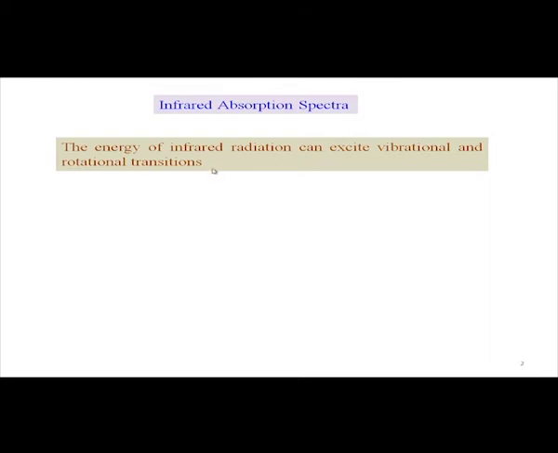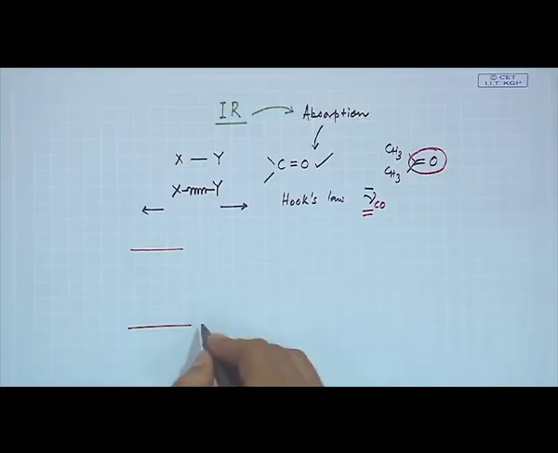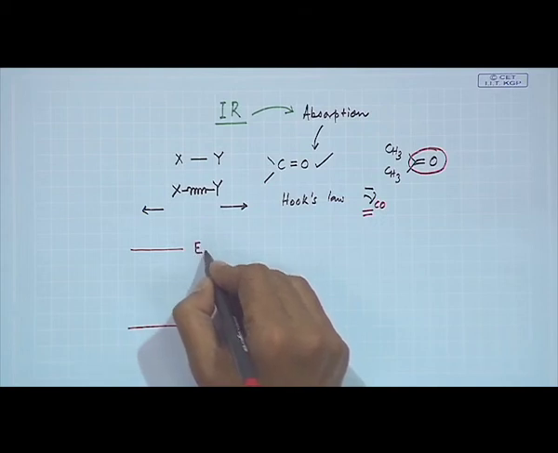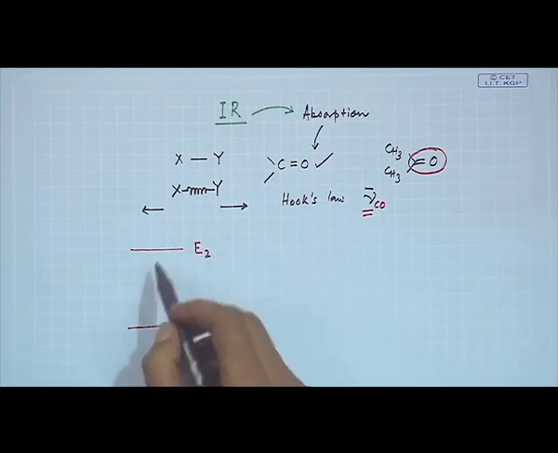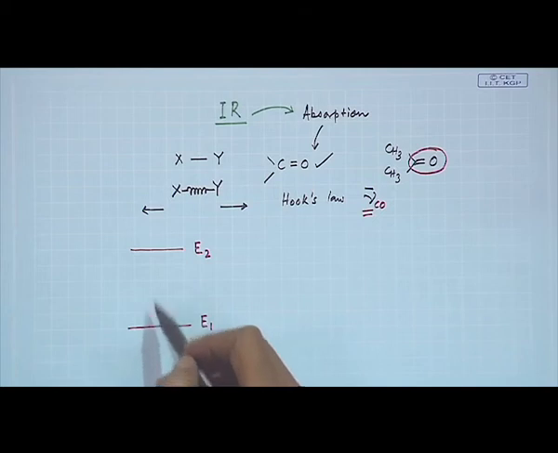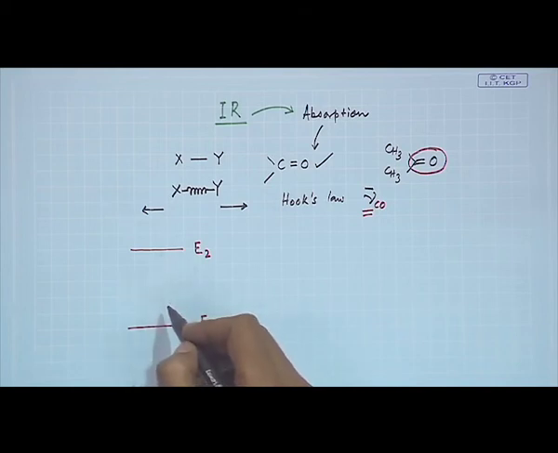We will see what those vibrational and rotational transitions are, because so far we have seen the two electronic energy levels, E1 and E2, for the electronic absorption, the UV-visible absorption, which is in the high energy region. So, these two levels are involved over there.